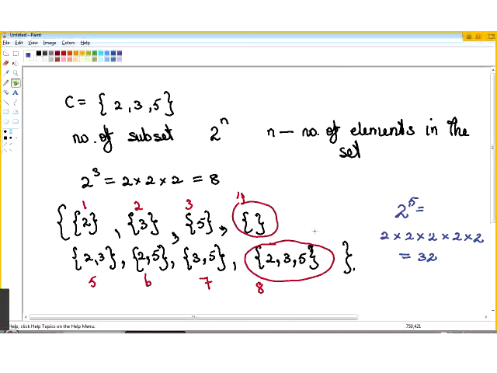Alright, so I hope that you were able to follow what we did. We used the information that we got from the last session, where we looked at the symbols for sets.